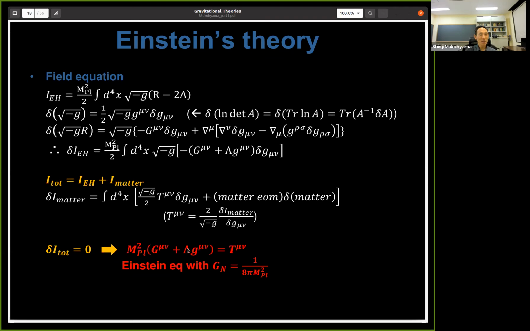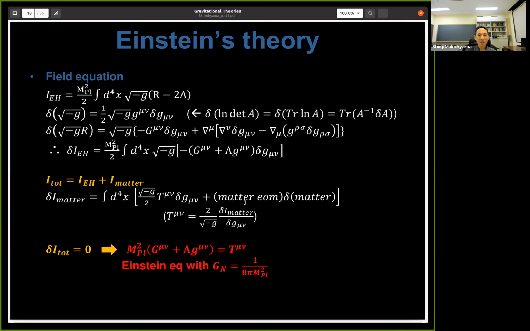So we demand that the variation of the total action vanish. Yes, indeed, it is the variation of the total action, but it seems like in the equation we see only the variation of the matter action, unless I'm mistaken. Of course we demand that the matter equation of motion holds.